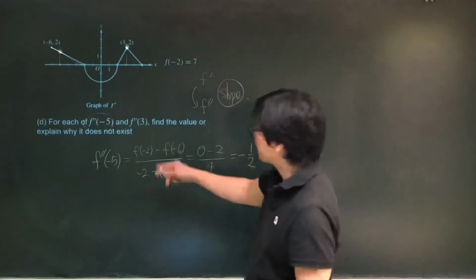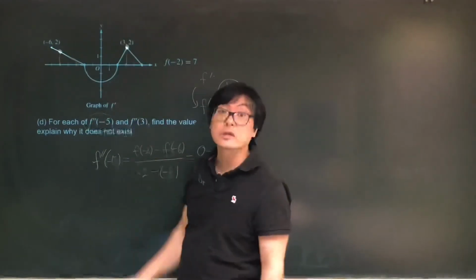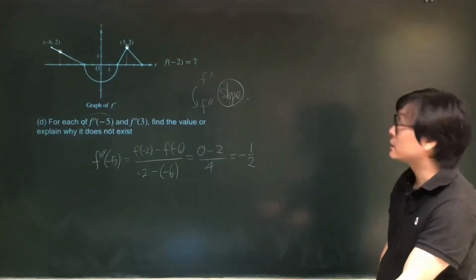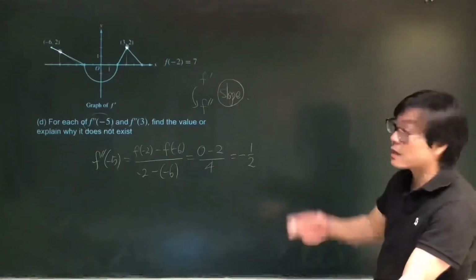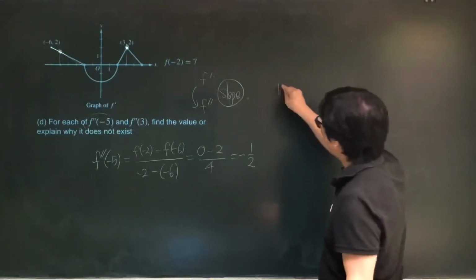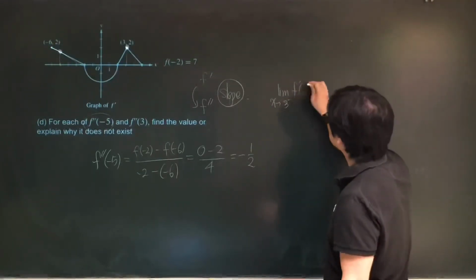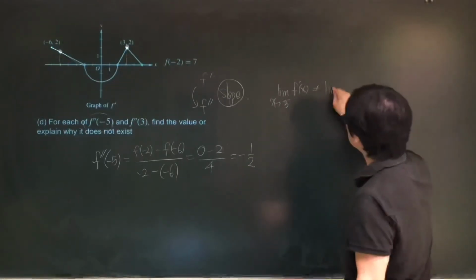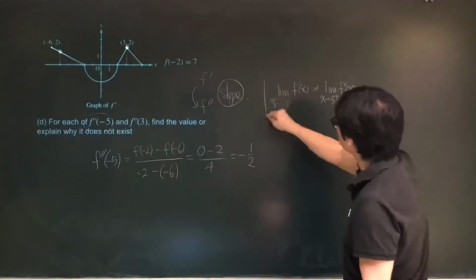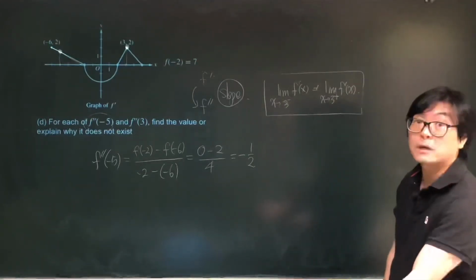And for f double prime 3, this graph clearly shows it doesn't have any tangent line, so we cannot define the slope of that tangent line on this graph of f prime x. How can we show it? We need to show that the left-hand limit of the slope and the right-hand limit of the slope are not equal to each other.